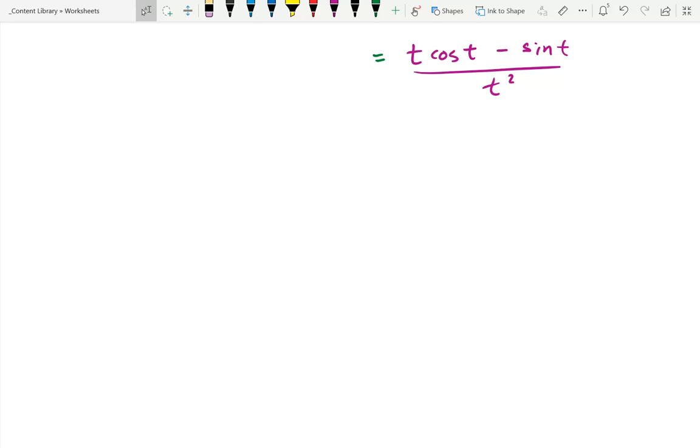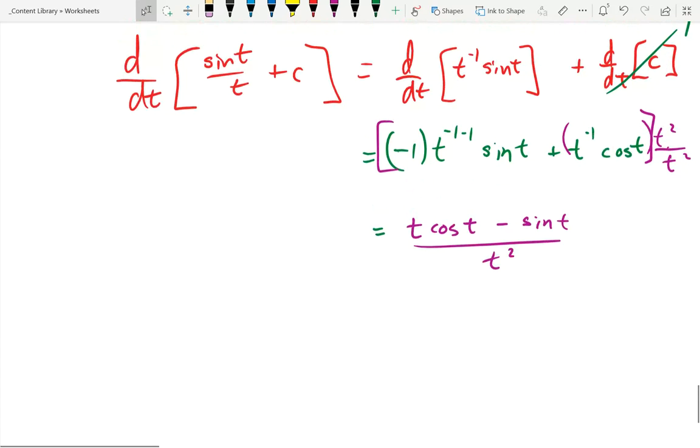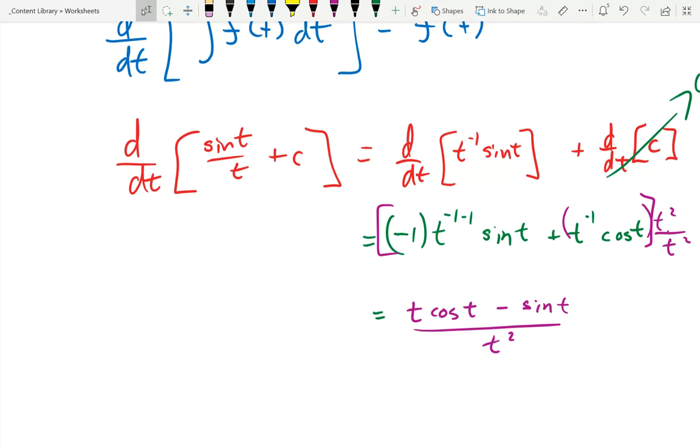For the product rule, I like to write it out just to make sure I'm not mixing anything up. But you said you multiply by t squared divided by t squared. Right, so I multiply top and bottom by t squared. Remember, I have here t to the minus 2.